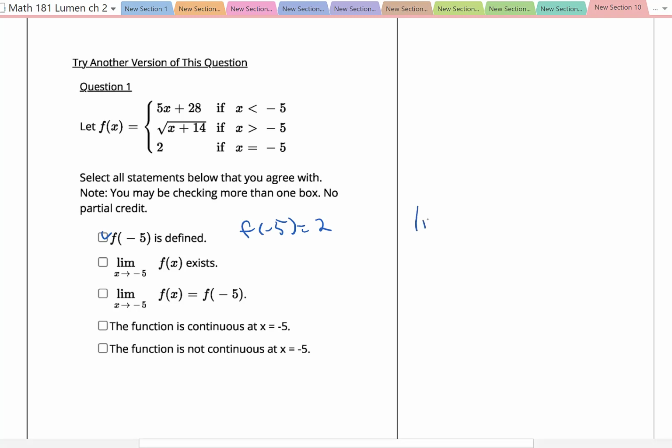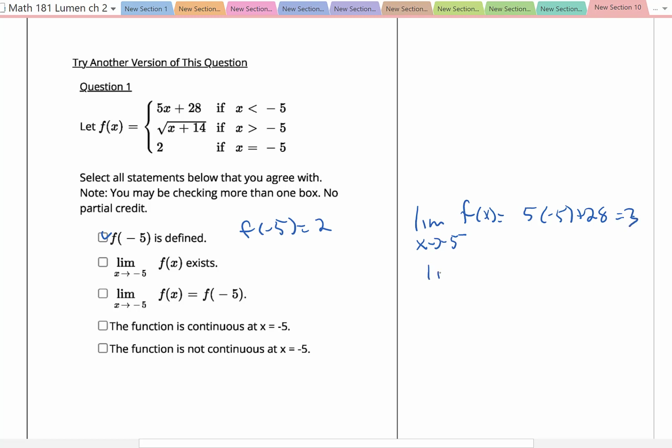So our limit as x approaches negative 5 from the left of f of x is going to be 5 times negative 5 plus 28, or 3.